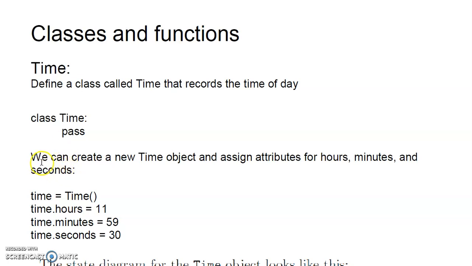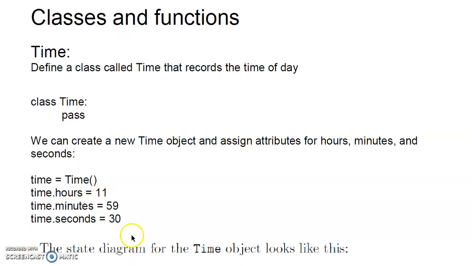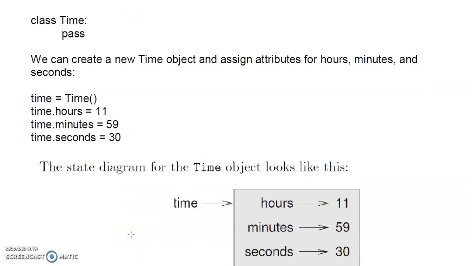Now we will discuss how we can assign the attributes of this Time. We can create a new Time object and then assign the attributes for hours, minutes and seconds. So here is an example. We have created an object of type Time and then assigned all these attributes, hours, minutes and seconds, with values. How does this look?